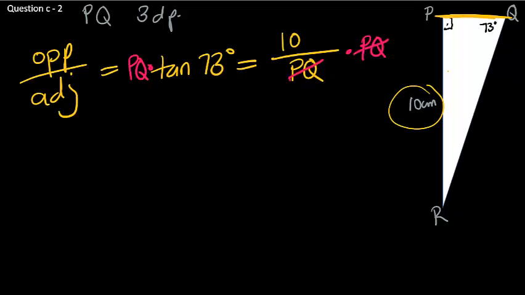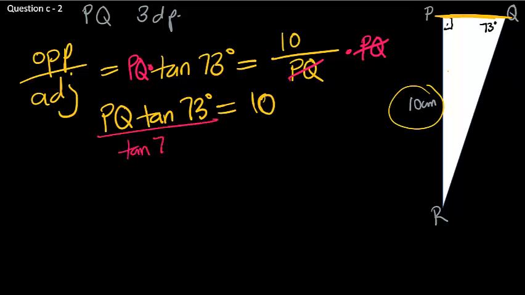We want PQ alone, so we multiply by PQ on both sides. This and this cancels out. So PQ tan 73 is equal to 10. Now I'm going to divide by tan of 73 on both sides, because I want this and this to cancel out.